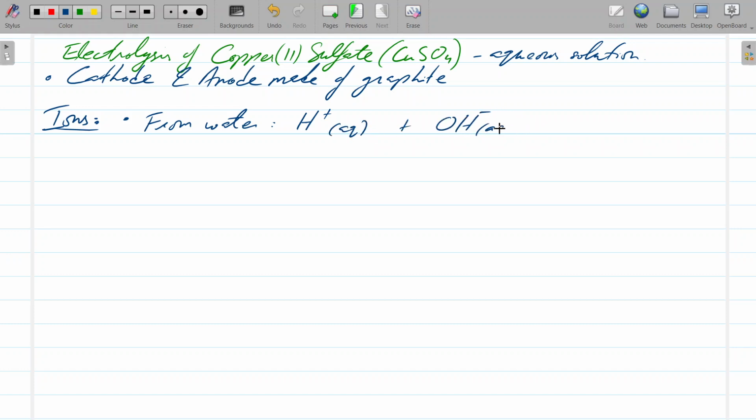And we already talked about you cannot electrolyze water on its own, and so you add something that is ionic, and that will help the ionization of water. And then you've got copper sulfate, and that is giving you the Cu2+ and the SO4 2-.